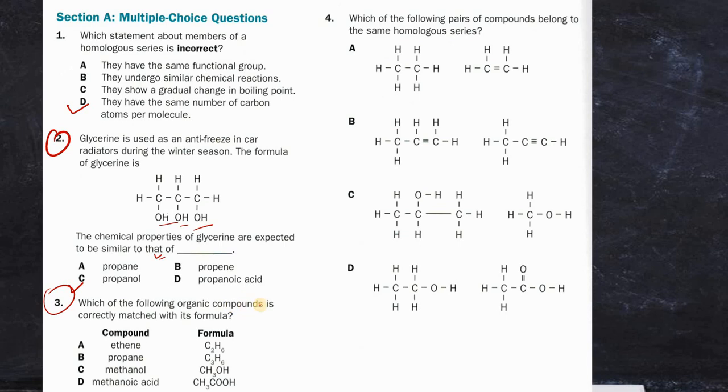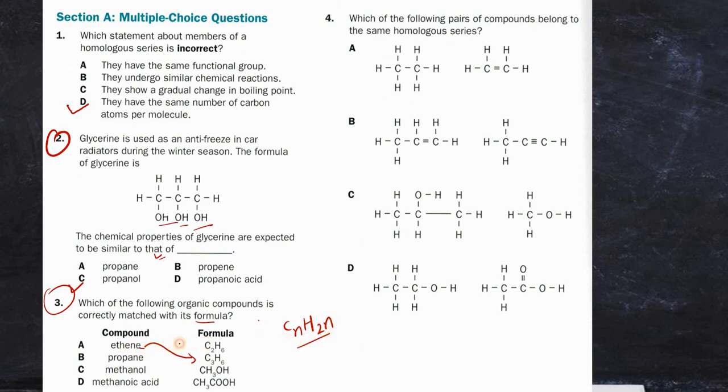Question number three: which of the following organic compounds is correctly matched with its formula? Ethene. Remember ethene, what we have learned, it is CnH2n, maybe I will teach you in the next class. Propane is C3H8. No, no, ethene is C2H4.